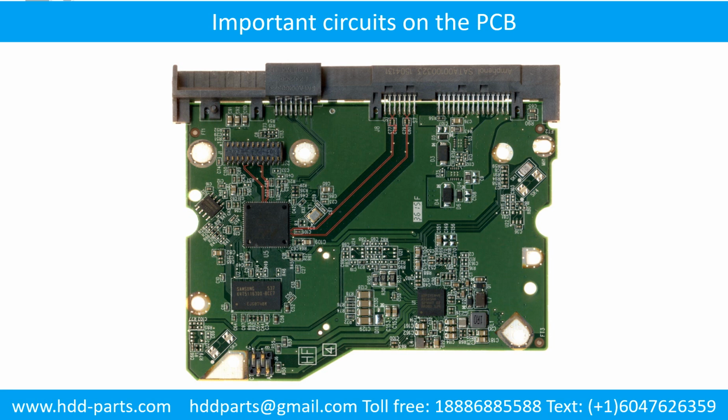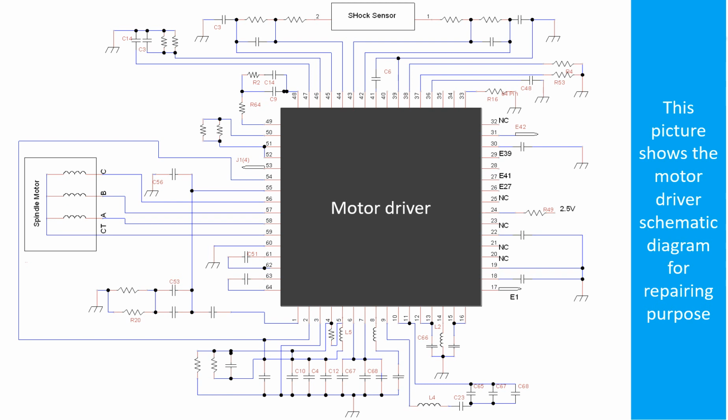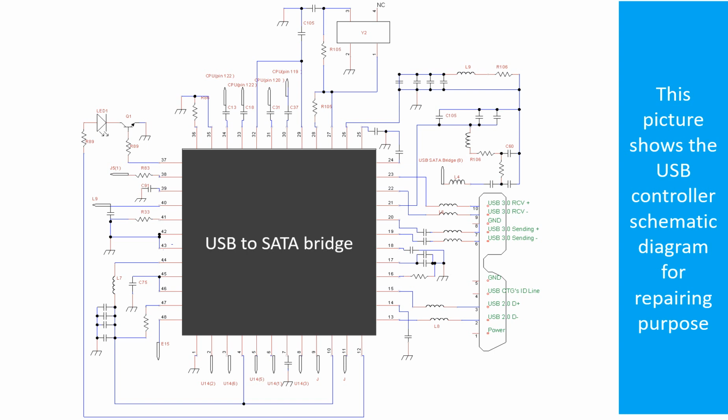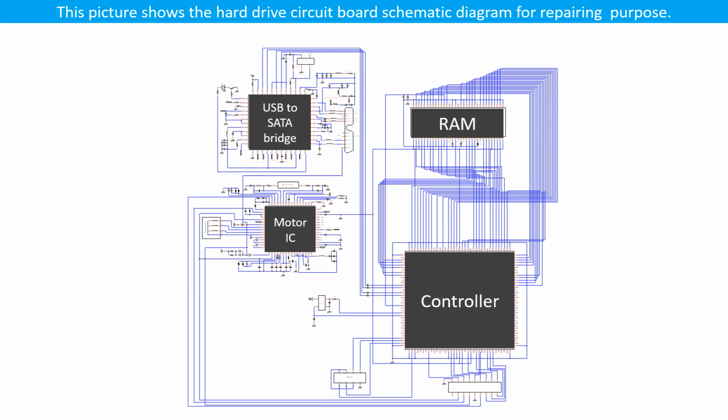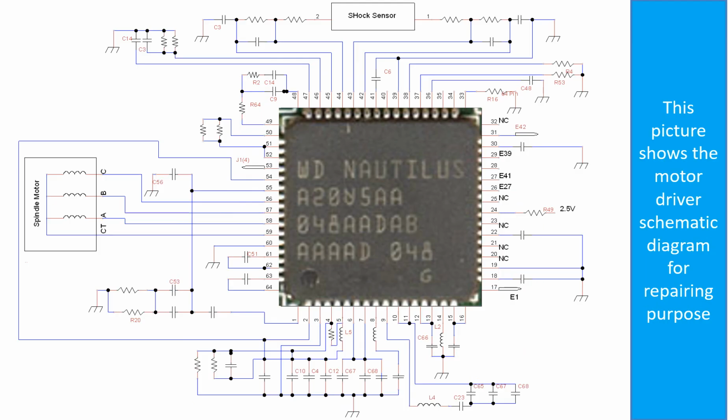This picture shows the important circuits on the printed circuit board for repairing purposes. These pictures show the motor driver chip schematic diagram and the hard drive circuit board schematic diagram for repairing purposes.